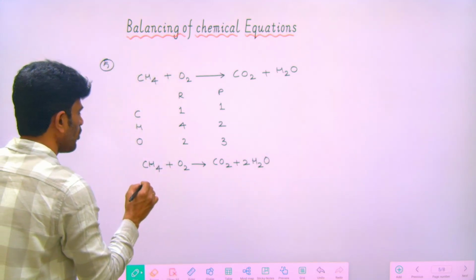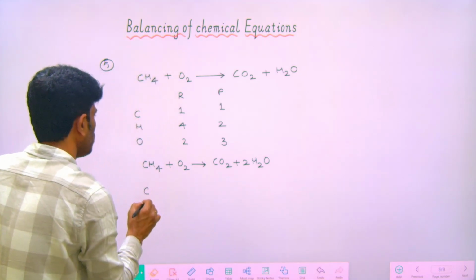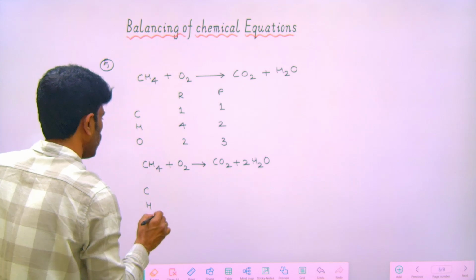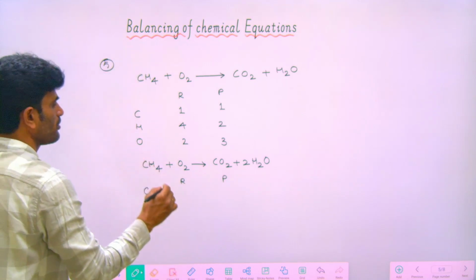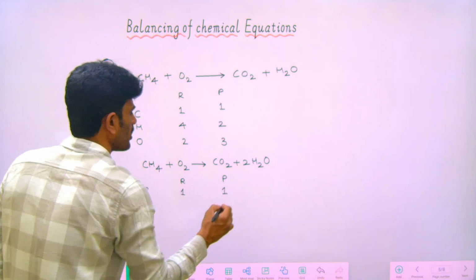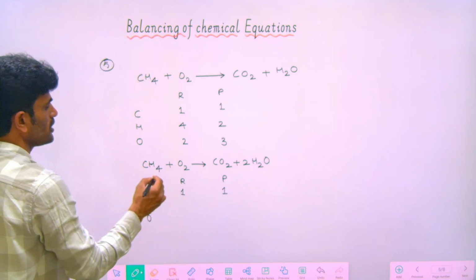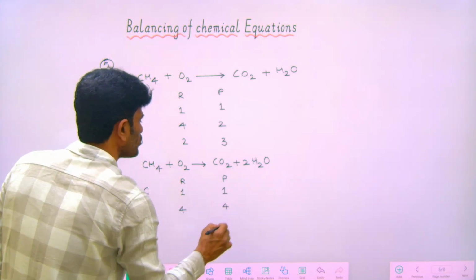Now again, let us write carbon, hydrogen, oxygen, reactant side, product side. How many carbons? Here one, here also one. Carbons are already balanced. Hydrogens, how many are there? Here four, here also four. Hydrogens are also balanced.